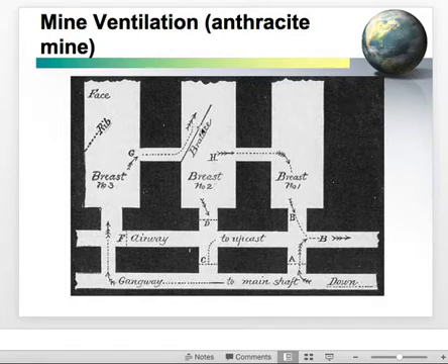You would stand on top of it, do the drilling, load the explosions, empty the coal out, put the chutes in place again, do the blast, and then go through that process. You don't want to have the whole mine ventilated, you just want to get to the working face. And so you control with various means the airflow to take it around to the working face and then out.